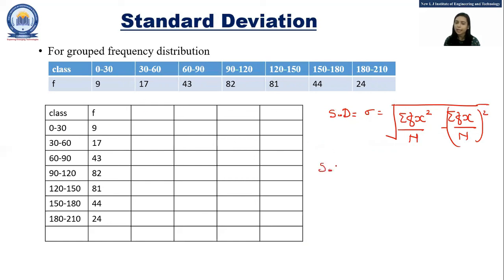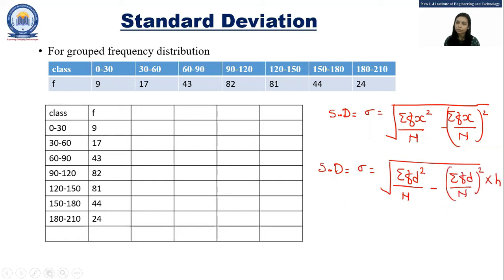The other formula is standard deviation is equal to the square root of sigma fd square divided by n minus sigma fd divided by n whole square, into h. And over here, d is equal to x minus a divided by h, where h is the width of the class interval and a is the assumed mean.